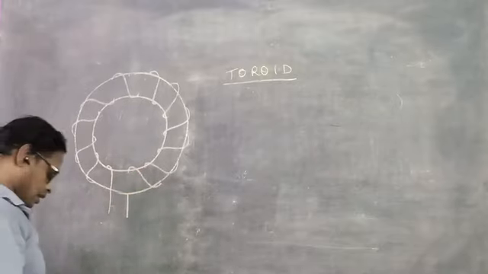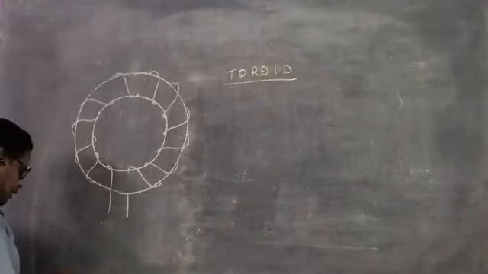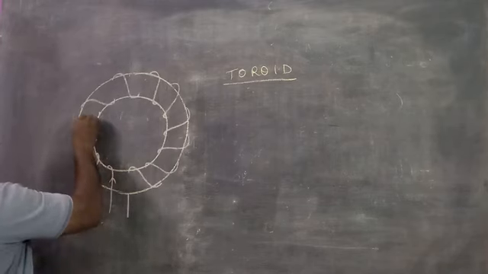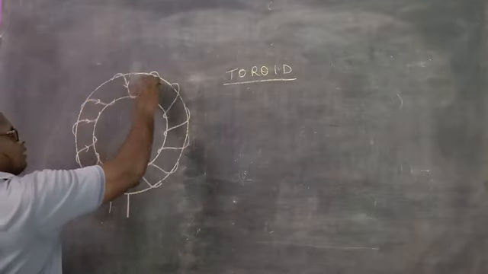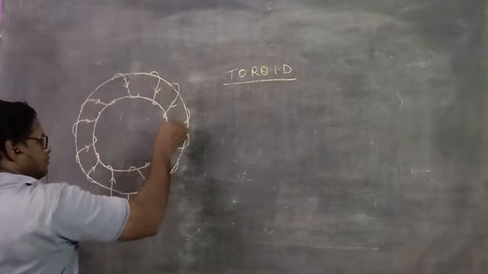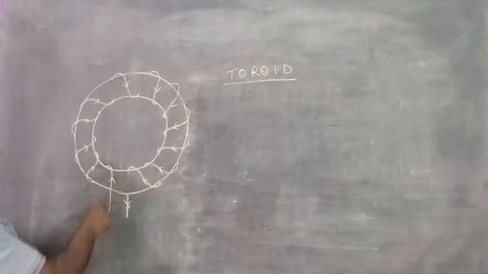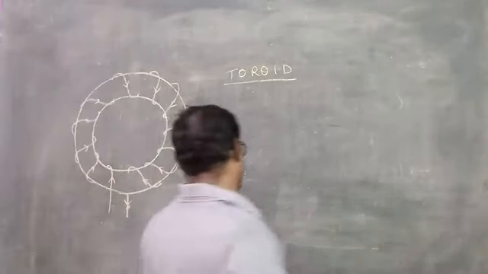Okay. Here, this is the direction of the current. Here, this is the direction of the current. So, here, this is the direction of the current. Throughout the toroid, this is the direction of the current. This is the incoming of current, this is the going out of current.